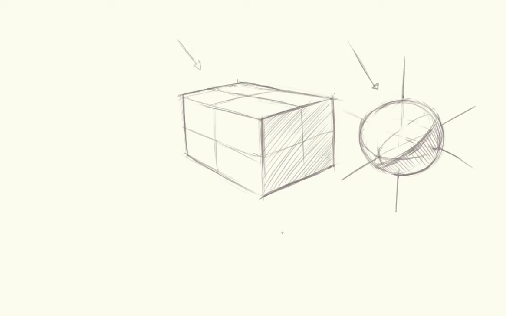Here would be a cylinder. We'll do one more of these. So to draw the cylinder, we work from an ellipse, and that's the minor axis. And here's our bottom of cylinder.